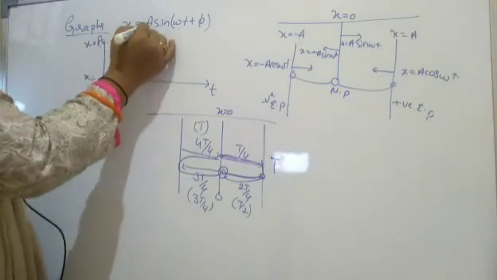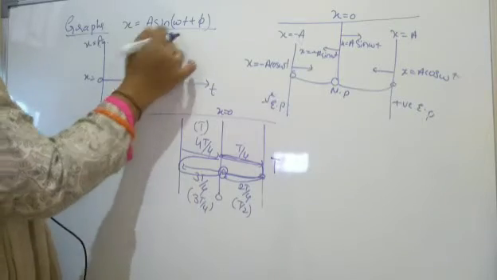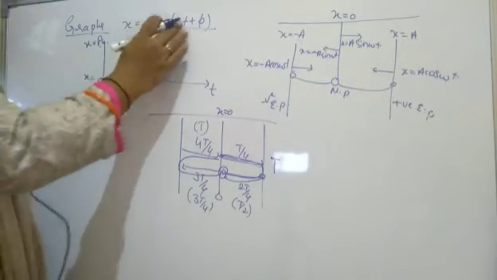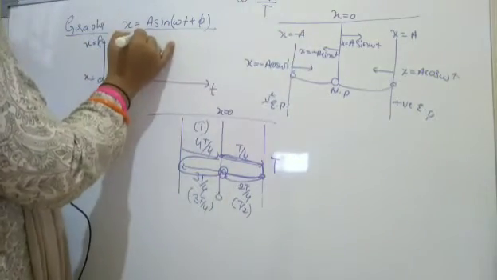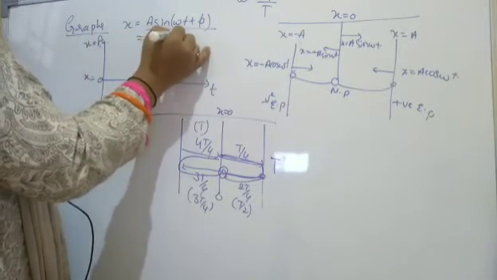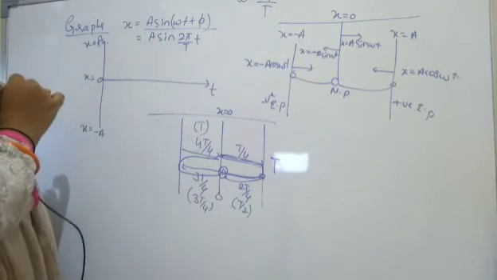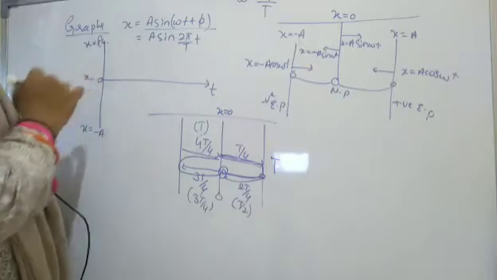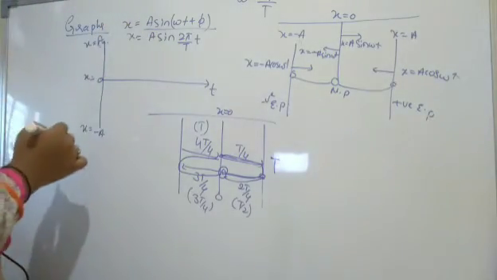Now look here. If we go ahead with x = A sin(omega t + phi), we know omega is equal to 2 pi by T. Substitute: A sin(2 pi by T times t).